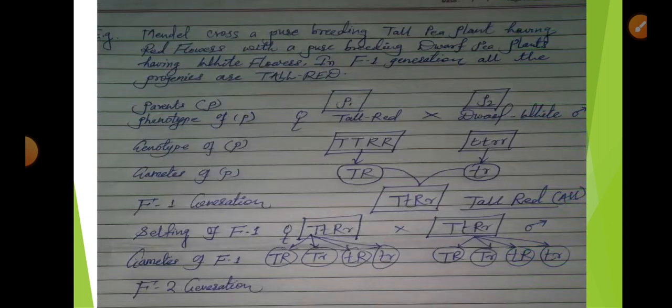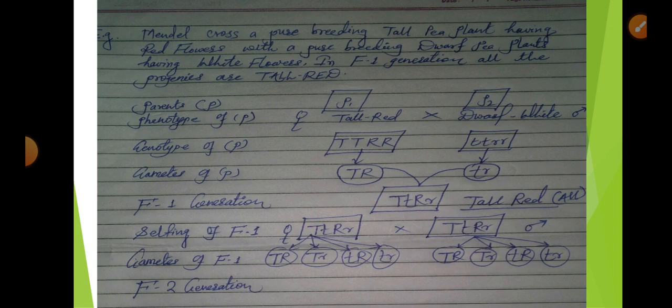For explanation of this, there is a requirement of a dihybrid cross. Mendel crossed a pure breeding tall pea plant having red flowers with a pure breeding dwarf pea plant having white flowers. In the F1 generation, all the progenies are tall red.